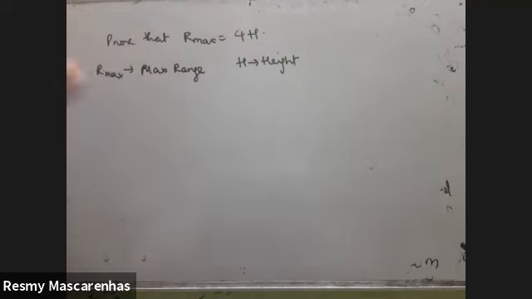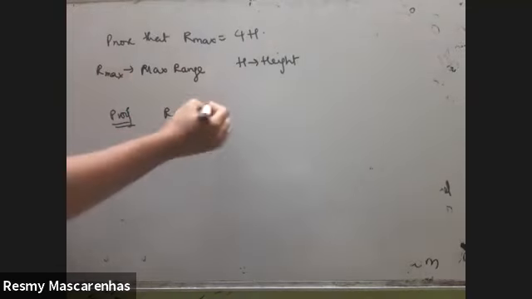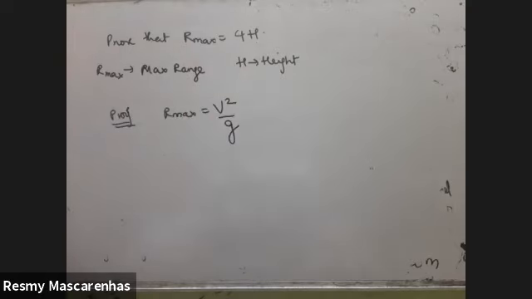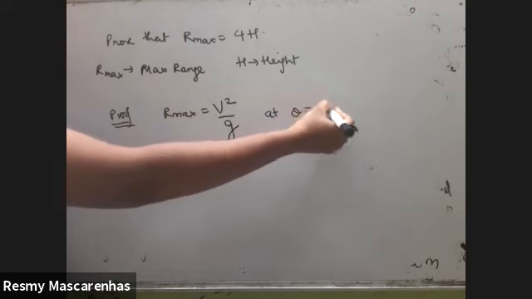Now for maximum range, we have already given you the formula R max. So this will be the proof. We know that R max is what? V square upon g. We had already calculated that. And for which angle, we had already proved in the previous class, at theta equals 45 degree.